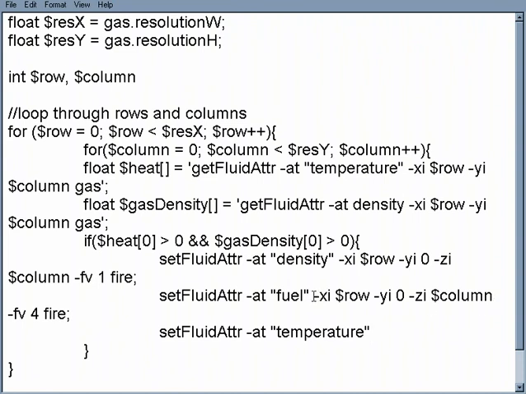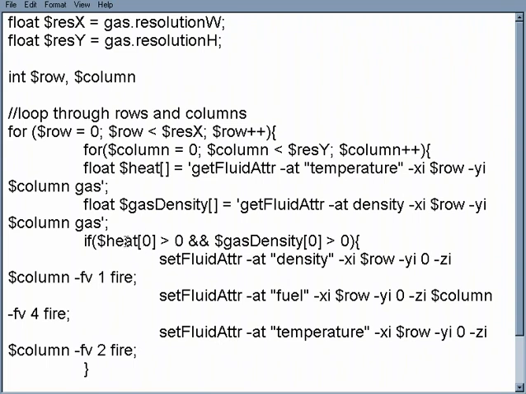And pretty much the same thing. Whatever the X index, whatever row you're on, Y index of 0, and a Z index of whatever column you're on. And we'll tell it to add a float value of 2 to the fire container.